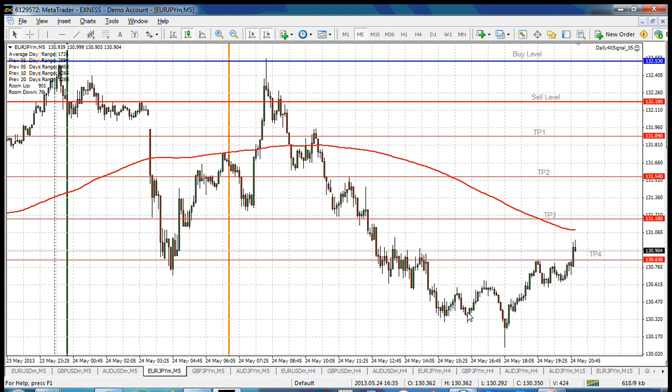So as you can see, this is how this particular strategy has to be played alongside the lines, the levels that I give on a daily basis. This is pure price action trading. You're just looking at the candles and how they are getting formed around those lines.